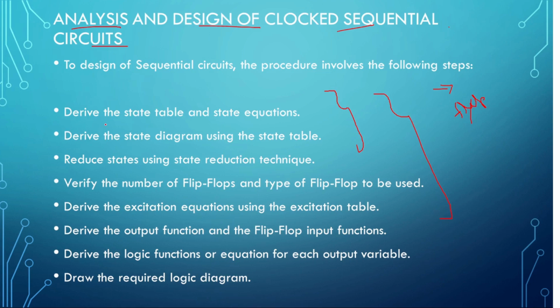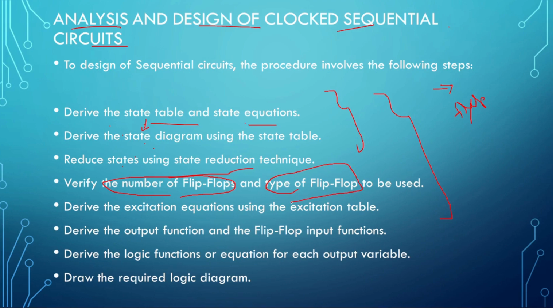First of all, you need to derive the state table and the state equation. Afterwards, you need to draw the state diagram of that state table. Then reduce the states using the state reduction technique and verify the number of flip-flops used in the sequential circuit and what types of flip-flop are to be used.